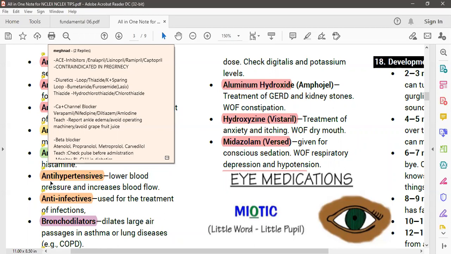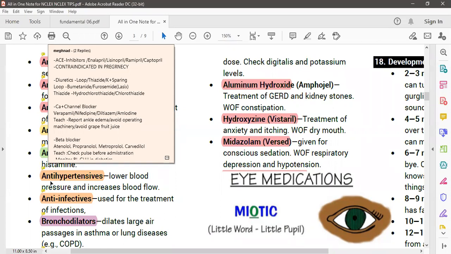It is opposite of loop diuretics and thiazide diuretics. Loop diuretics and thiazide diuretics can cause hypokalemia, potassium level goes down, but spironolactone or triamterene, potassium sparing, they increase potassium level, hyperkalemia. They can cause constipation, menstrual irregularities, and muscle cramping.